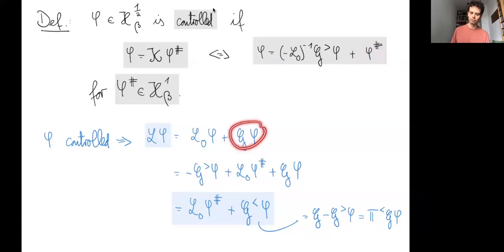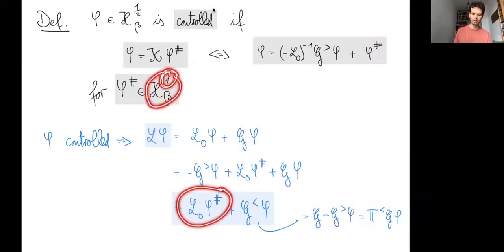And then the G of phi is just coming from above. And now this is the key point. So now this thing and this thing has some cancellations, and it just becomes G lower, which by definition is this term, which is the projection of G of phi onto the small frequencies. And here we have L0 of phi sharp, and that's why I wanted to have 1 degree of regularity here, which tells us that we can apply L0 once to this phi sharp.